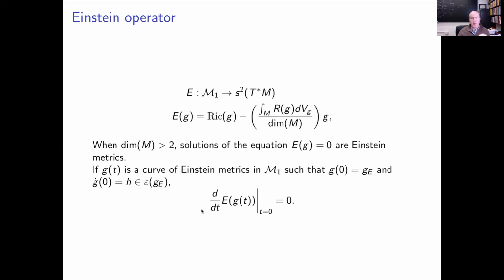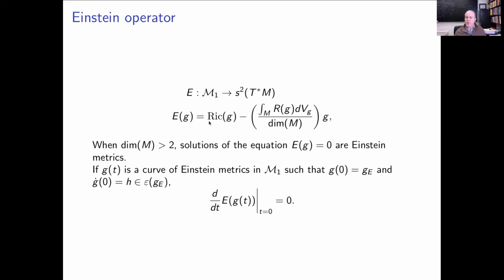So just delving a little deeper, how Koiso's approach works is he develops an obstruction to integrability. And this arises by considering a functional E on the space of metrics. So given a metric g, you output the Ricci tensor of g minus the integral of the scalar curvature divided by the dimension times g.